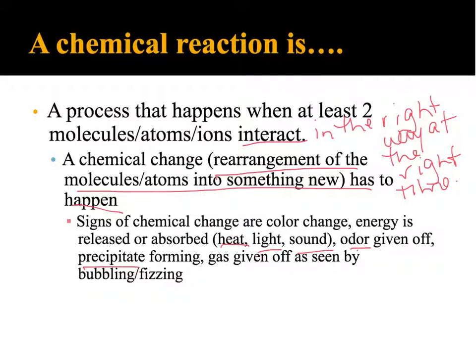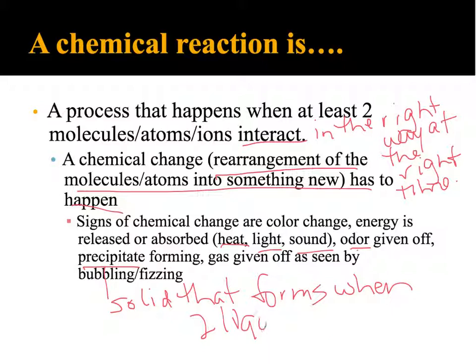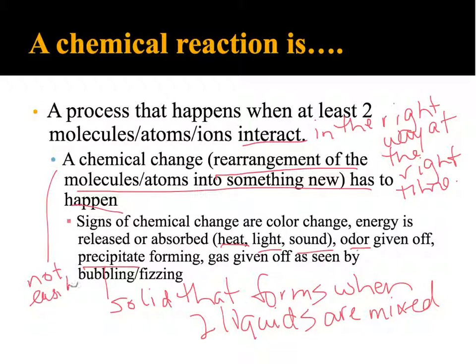Remember, a precipitate is a solid that forms when two liquids are mixed. We also might notice bubbling and fizzing. Those are really the 5 signs. Another thing to remember is that chemical changes are not easily undone. So you should always ask yourself, can it be undone or not?